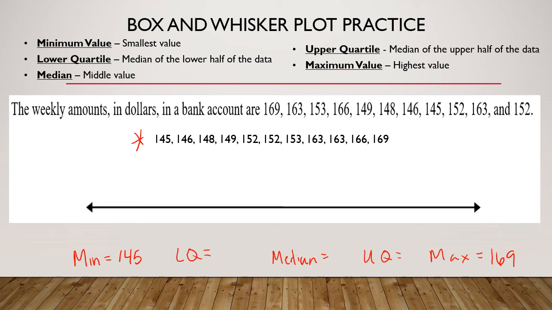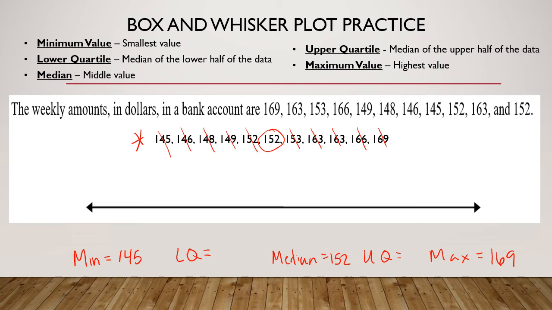I'm going to find the median now, and I'm going to start by crossing a few numbers off on the left, cross a few numbers off on the right, and continue to go through here, and it looks like 152 is going to be my median.